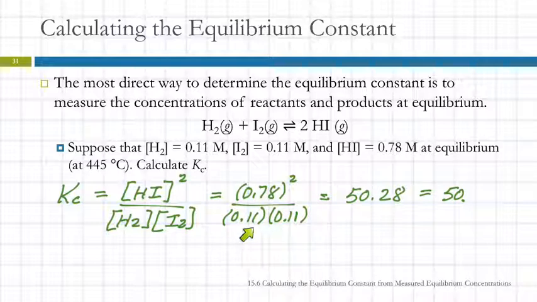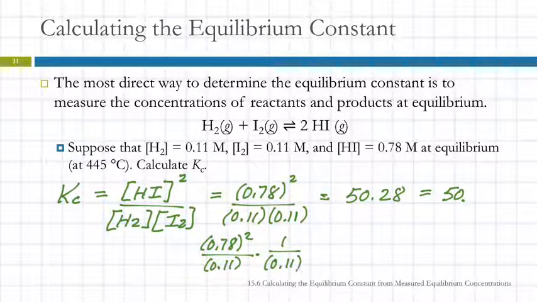I just want to mention this dividing by these two things here. This is the same as, you can rewrite it this way. I can pull out 1 over 0.11. This is 0.78 squared divided by 0.11 divided by 0.11. A lot of students want to multiply them down there, and that's fine if you use parentheses, but otherwise you end up being off.